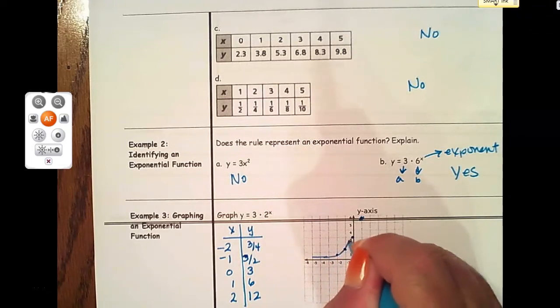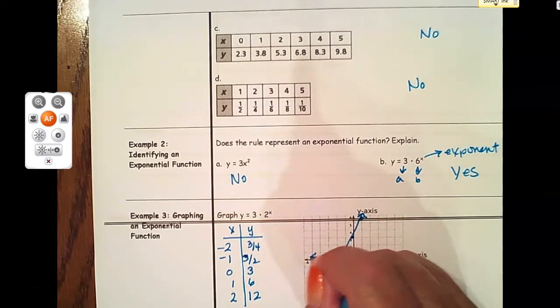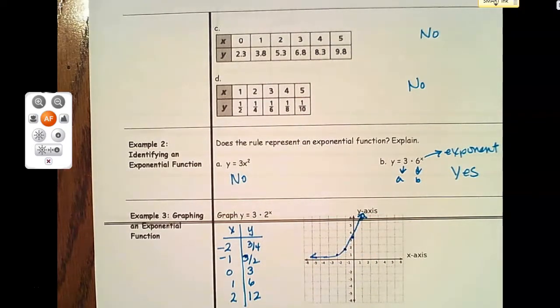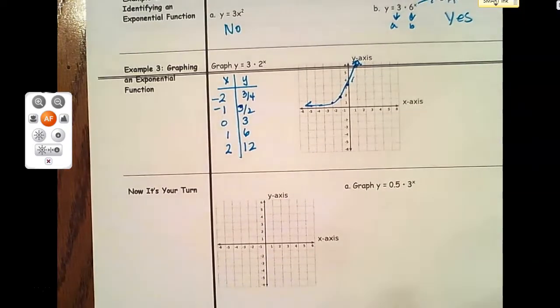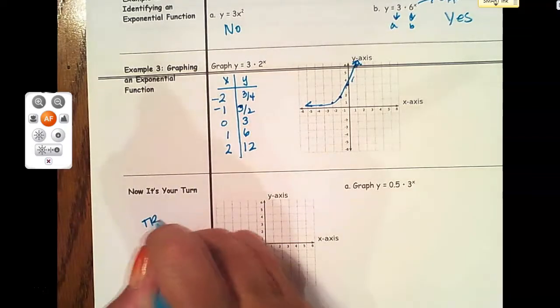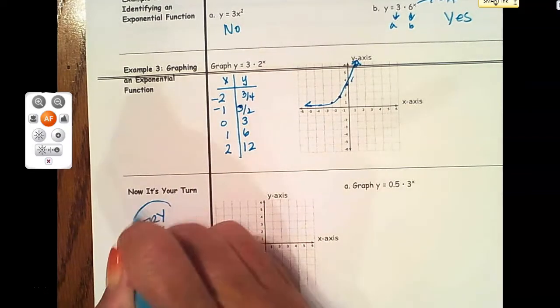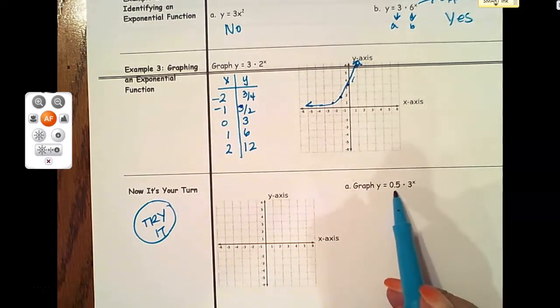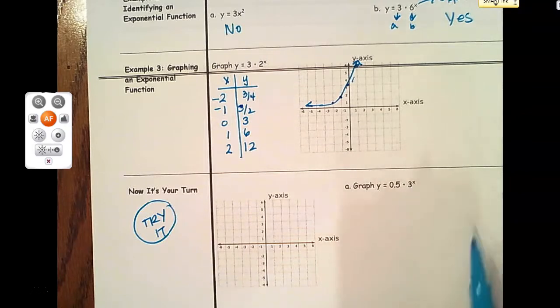What you're going to see is all these exponentials make a little tail going off in one direction and then going off towards infinity in the other direction. So now let's see what happens when I try to graph a fraction. I've got 0.5 times 3 to the x.